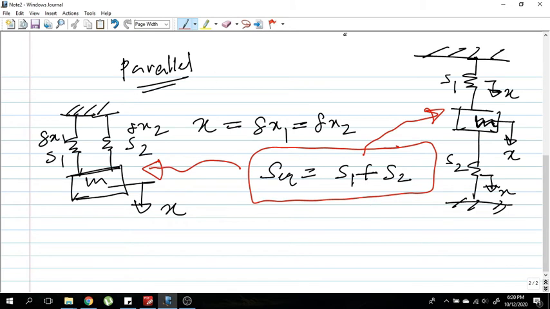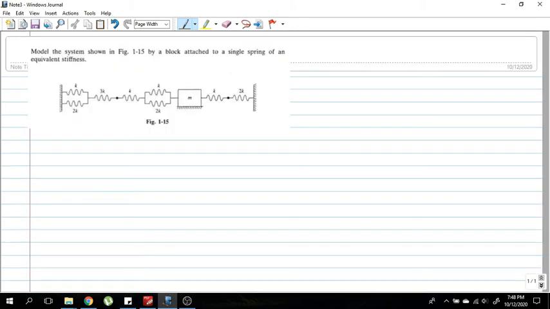Okay, take a look at this example question. Here they ask us to model the system shown in the figure by a block attached to a single spring of an equivalent stiffness. So they are asking us to find the equivalent stiffness of this spring mass system. First of all, we need to categorize these spring configurations into series and parallel.